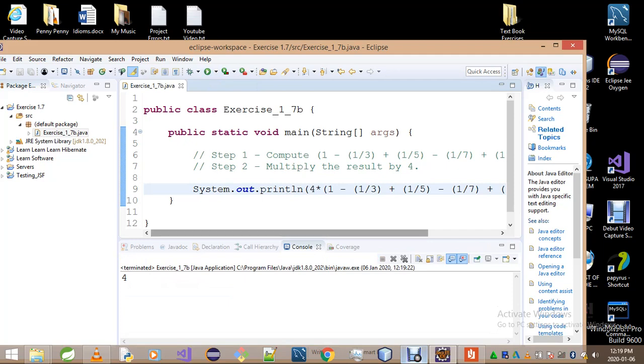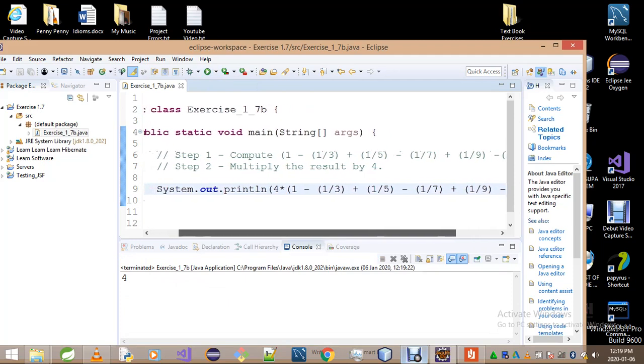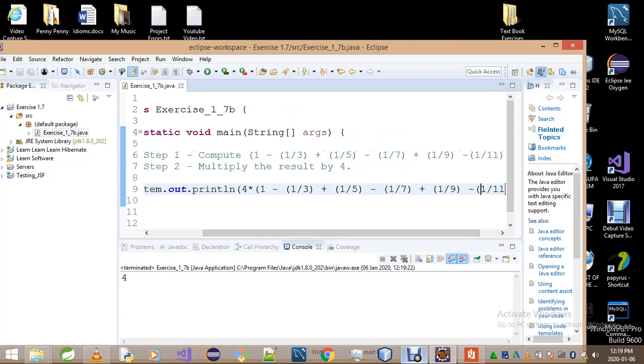Look at this. This is incorrect, you guys. Reason being, we used 1 instead of 1.0. As we were told, we've got to do what we were told. But you've got to know the reason behind why we need to use 1.0 and not 1. The reason is straightforward.